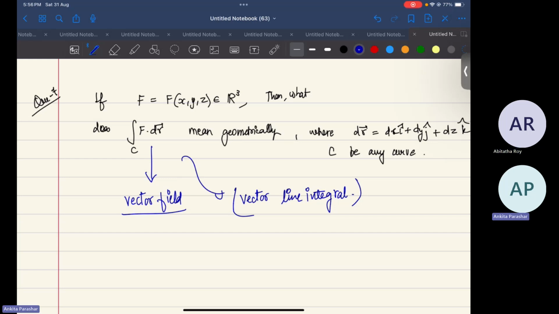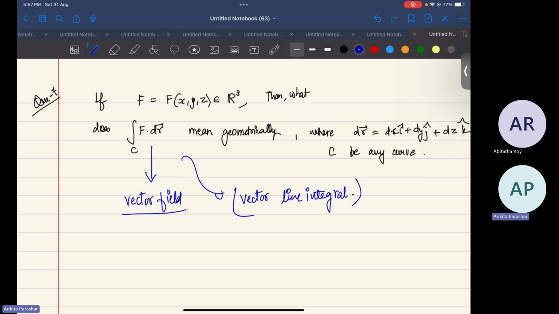The words I am focusing on are: first, force having magnitude as well as direction, and there is a displacement, certain dx or ds or dr.